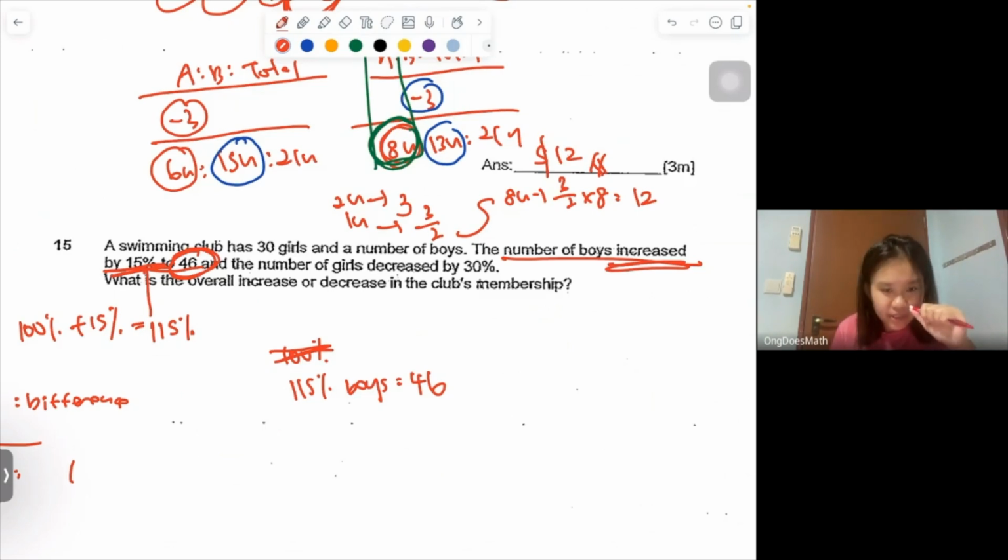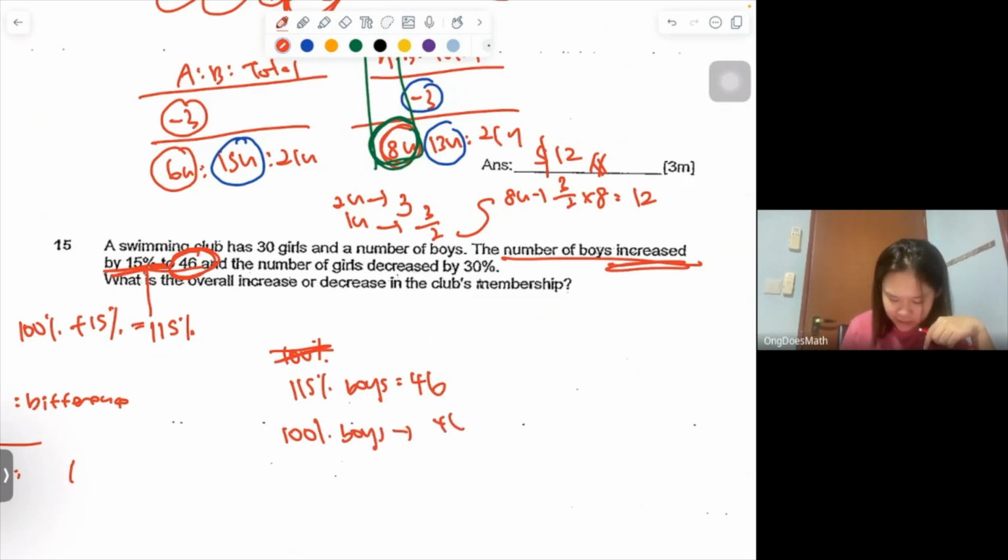Original will be 100%. This is paper 2, you have a calculator. So 100% of boys, which is the original number of boys, is just 46 divided by 115 times 100. That should give you 40.